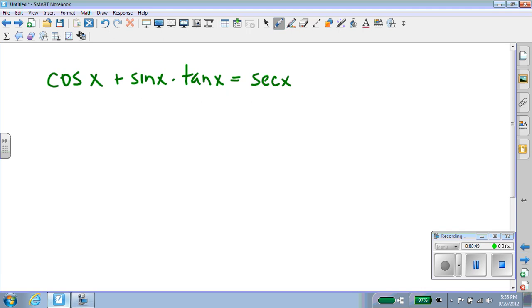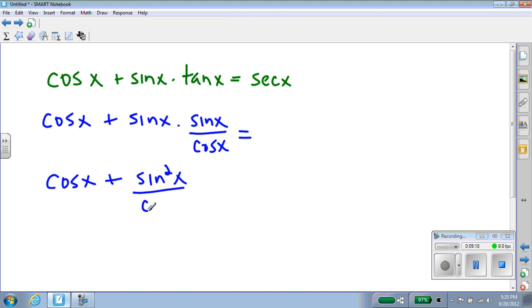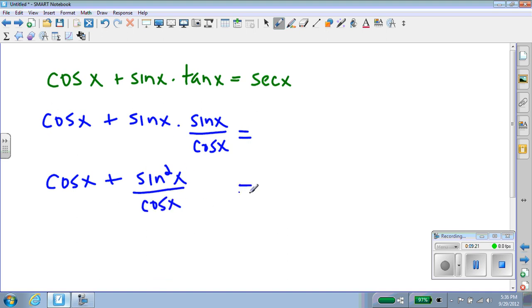Okay. I'm definitely starting on the left. I'm going to replace tangent with the quotient sine x over cosine x. So cosine x plus sine x times sine x over cosine x. I'm going to follow the order of operations: cosine x plus sine squared x over cosine x.